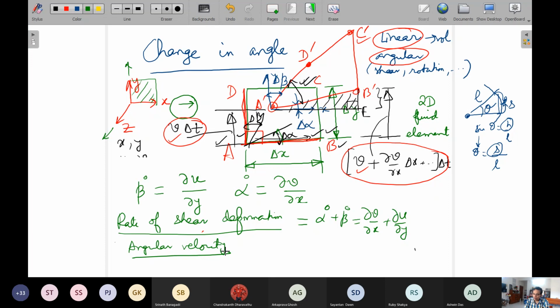So angular velocity is defined as the average of angular velocity of two line elements that were originally perpendicular.